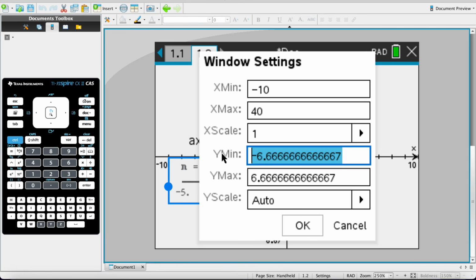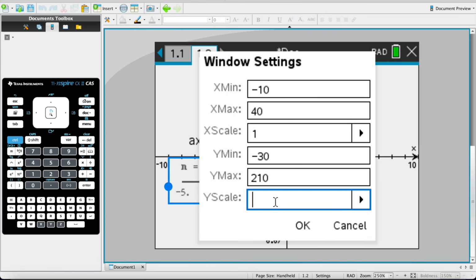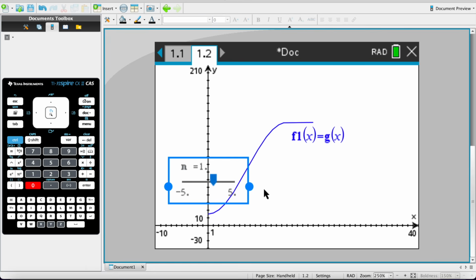Now your y is going from 0 to 180, so I might go negative 30 to 10, and the y scale has gone up by tens. So if you do that, you'll see the graph looks like that.